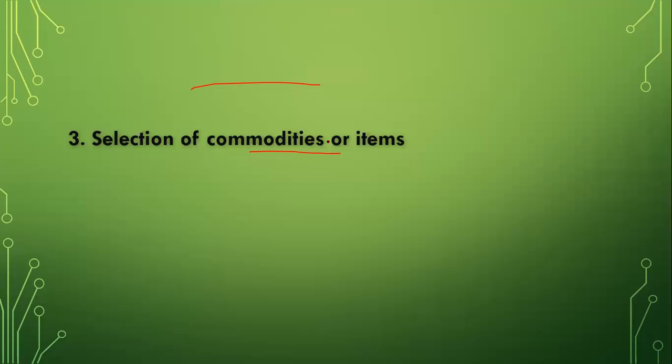So here, when you select a particular commodity, when you say commodity, it is nothing but goods and service. So now you have to select the goods and service. Now in our economy, there are wide variety of goods and service. Now you may get confused which goods you have to select.